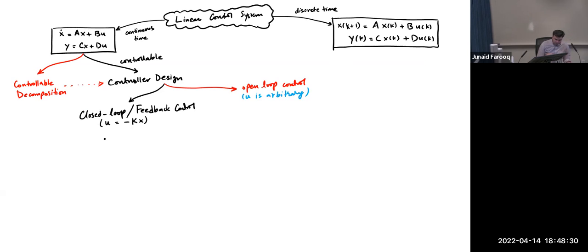Okay, so after this closed loop controller design in the form of u equals minus K x, we looked at the observability aspects of the system because x may not be known, right? So there is this branch of the system unobservable.